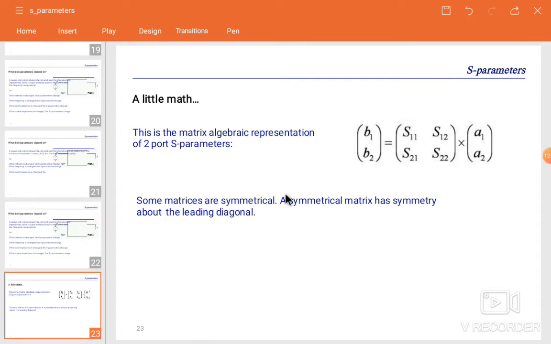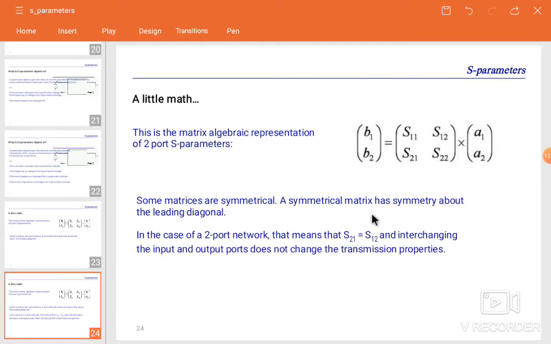Now, if this black box is written in the form of a 2 by 2 matrix, it looks like this. This is a matrix algebra representation of two-port S parameters. Some matrices are symmetrical, with symmetry about the leading diagonal.